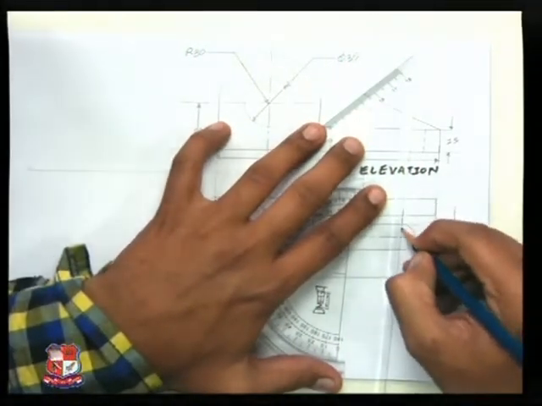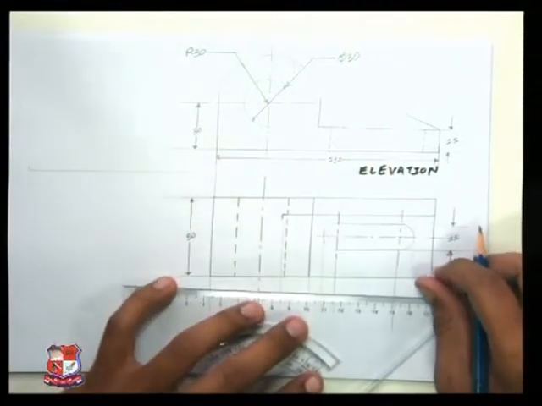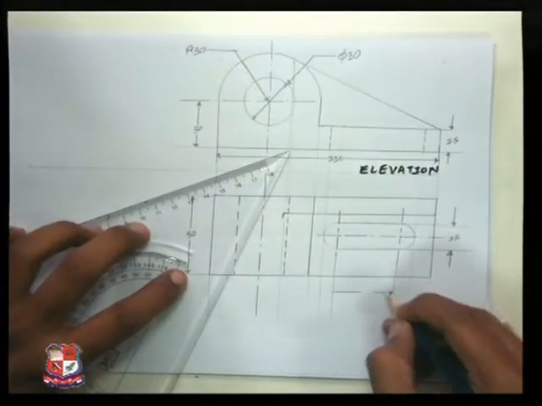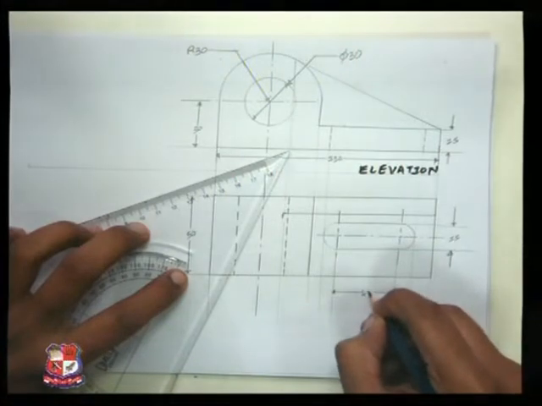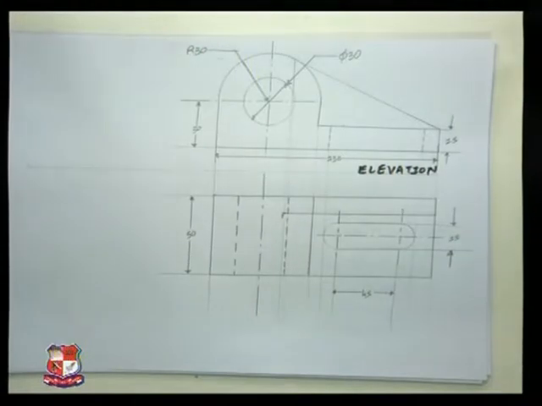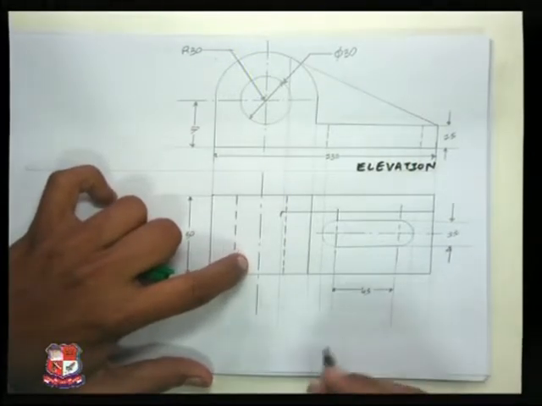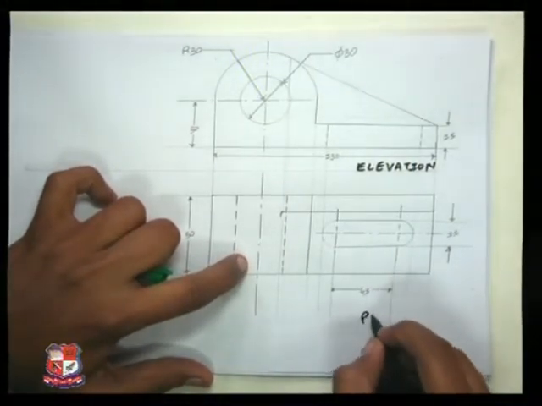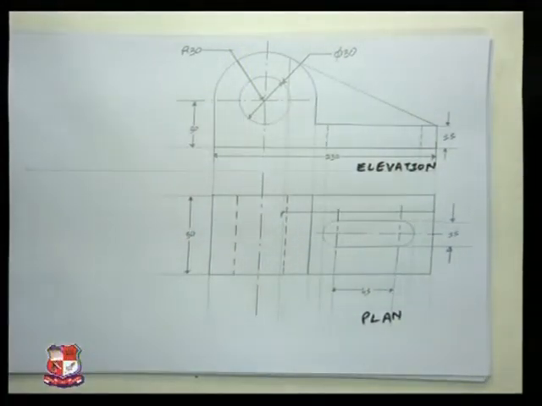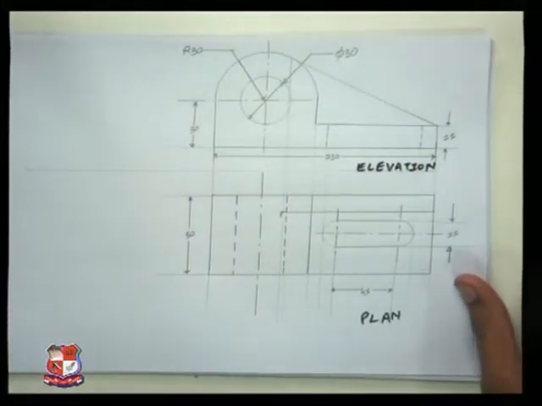We don't have this center point distance, which is 45 mm. Name the projections. It is plan. So this is how you can draw elevation and plan.